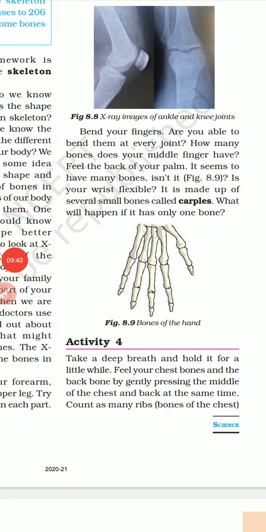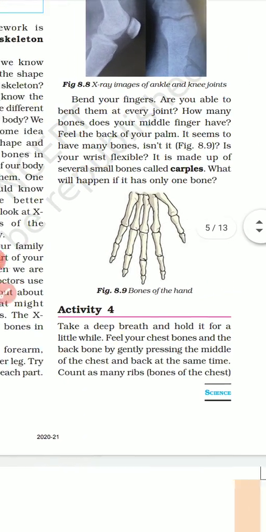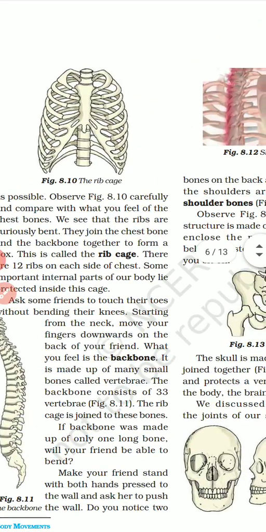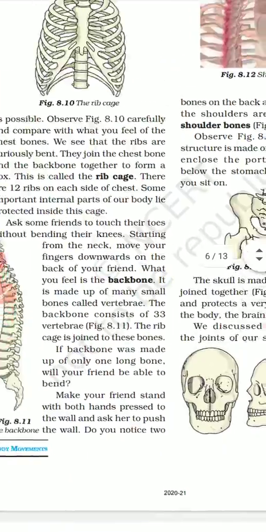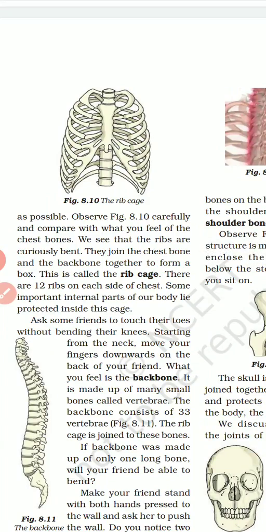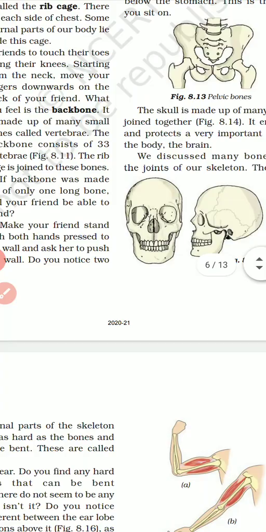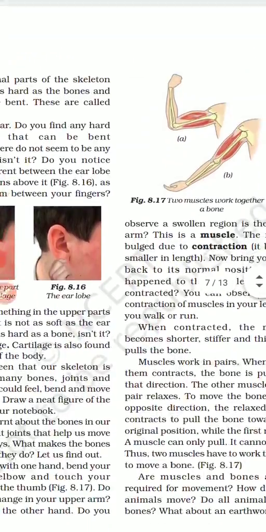Alright, so here we are done with this. Today we are going to do till here only. Activity number 4, take a deep breath, we'll do in the next period, right? But as homework, you can complete all the diagrams so that in the next period you shouldn't be drawing all the diagrams.